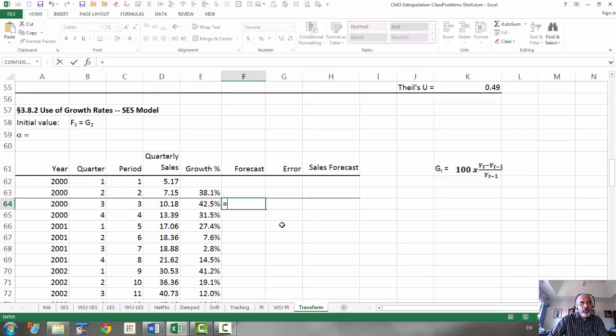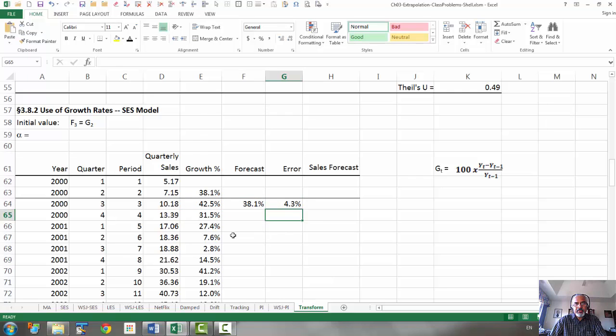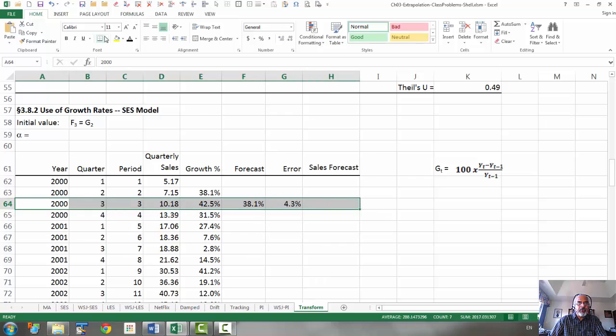So the F3 would be equal to that. So that would be our starting point. And then our error would be the actual growth rate minus forecasted growth rate. And that would constitute our initial value.